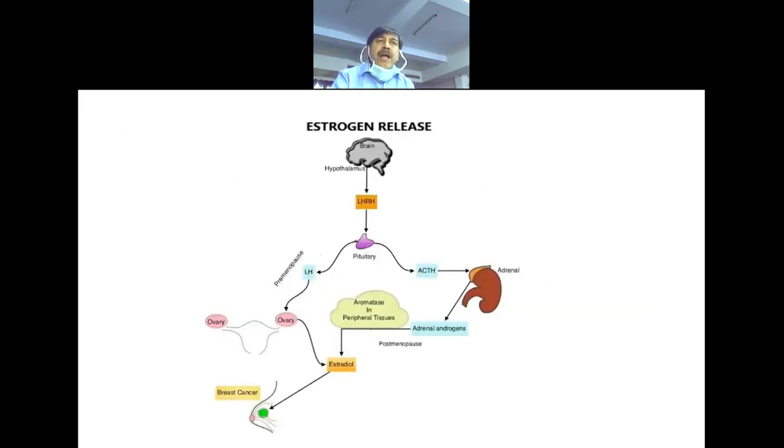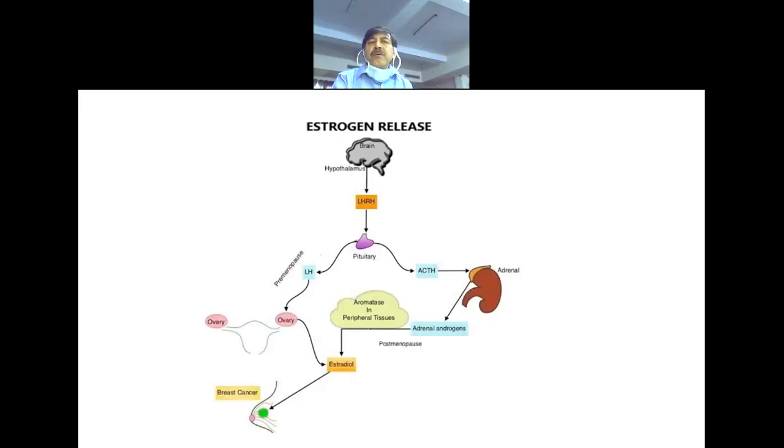So if you see this diagram, this is how estrogen is produced. In the hypothalamus, luteinizing hormone releasing hormone is released, which acts on the anterior pituitary. In premenopausal females, from the anterior pituitary, luteinizing hormone as well as FSH are released. They act on the ovary, and then estrogen is produced.